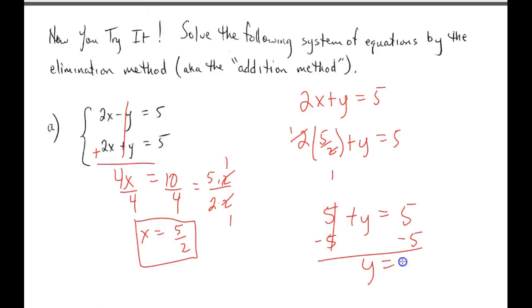We see that y is equal to 0. So the point where these two lines cross is at the point (5 halves, 0). Or 5 halves, if you want to write it in decimal form, is 2.5. So you can either write it like this, or you could say it's (2.5, 0), like that.